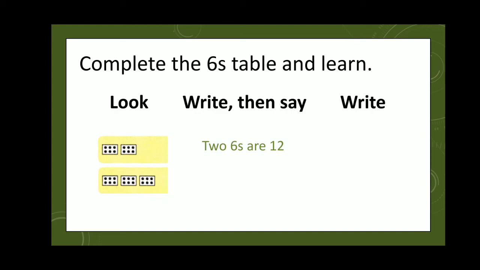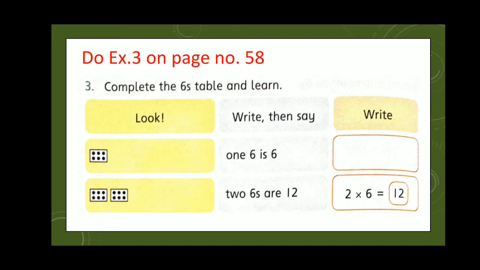So it will be written as 2 multiplied by 6 is equal to 12. Okay, students, the same example is given below. Now open page number 58 and do exercise 3. Complete the table of 6 and learn it. Do this exercise in your book.